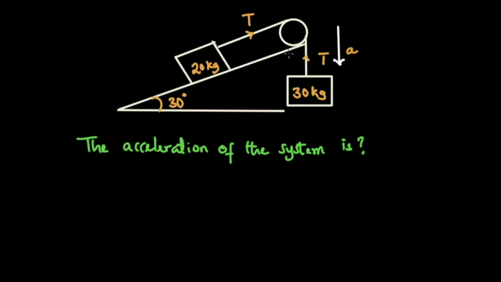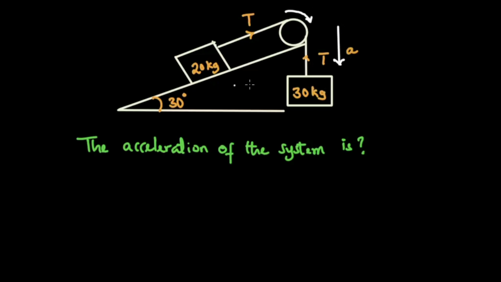Because this is 30 kg and this is 20 kg, the movement will be in this direction. The 30 kg is larger than the 20 kg, so the acceleration will tend to go in the direction of the larger mass.